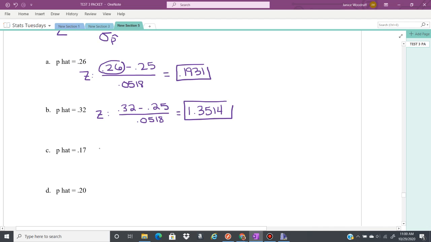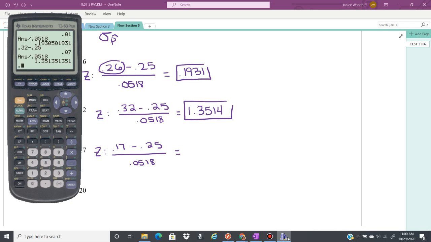For 0.17, we're going to have 0.17 minus 0.25 over 0.0518. So that'll be negative 1.5444.